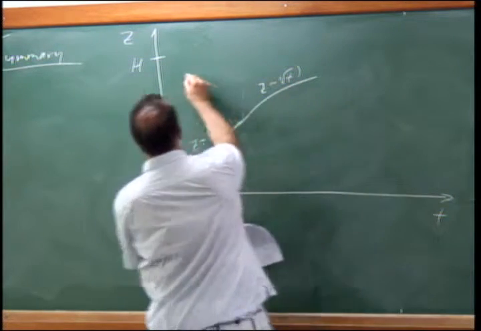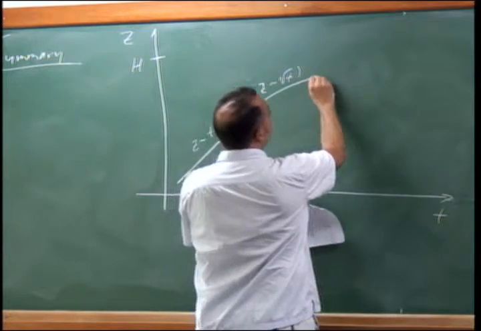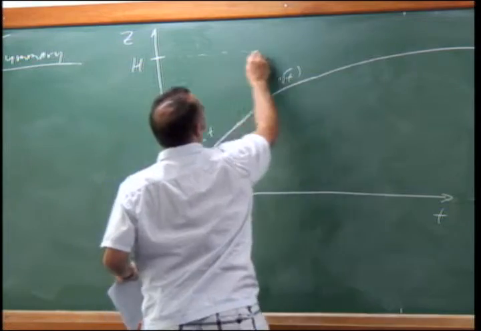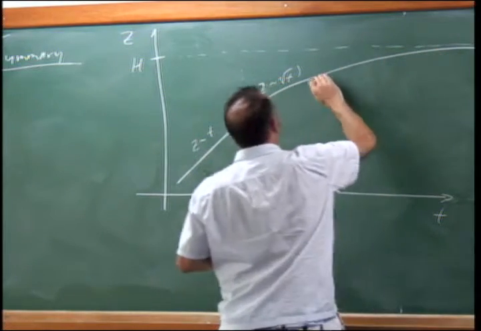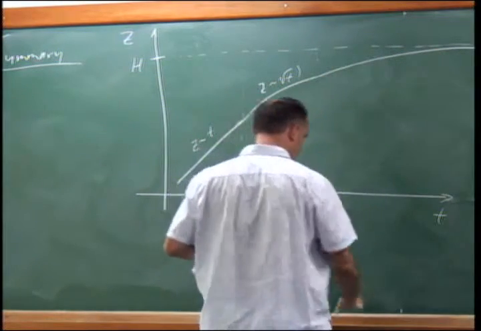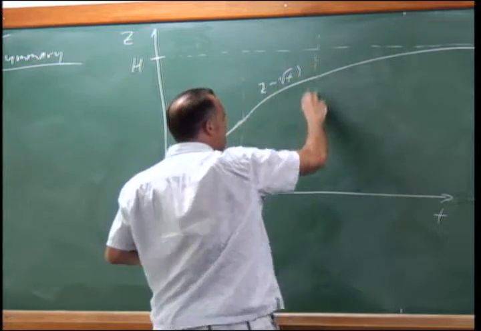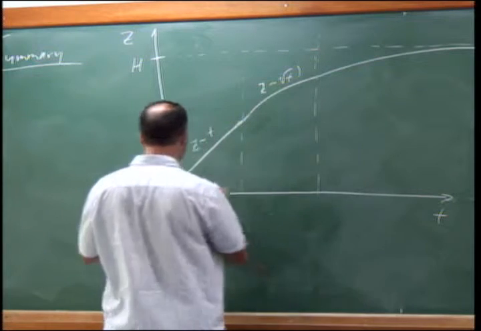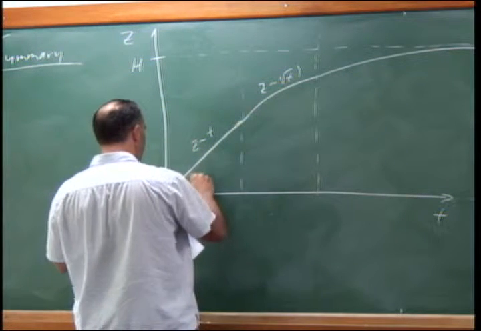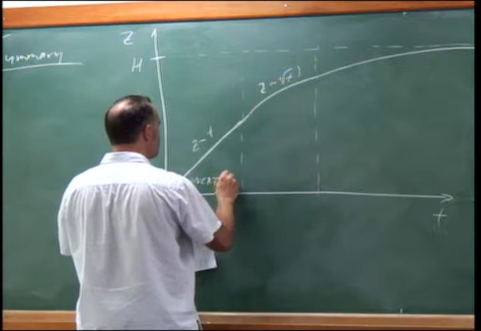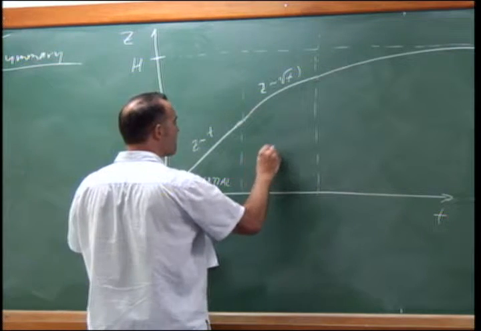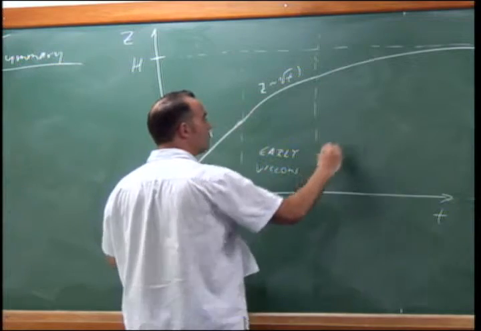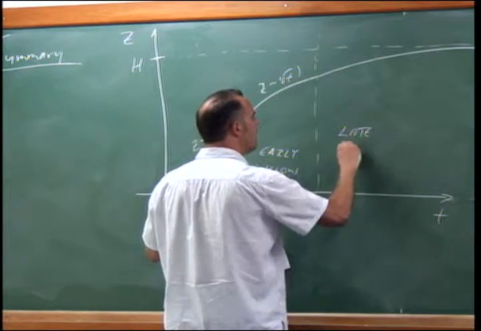And then we have exponential decay. So this is basically the inertial regime. Early viscous. Right, viscous.